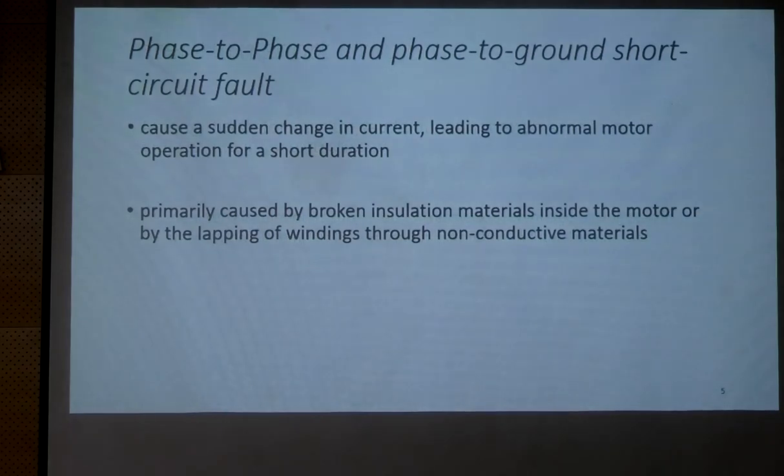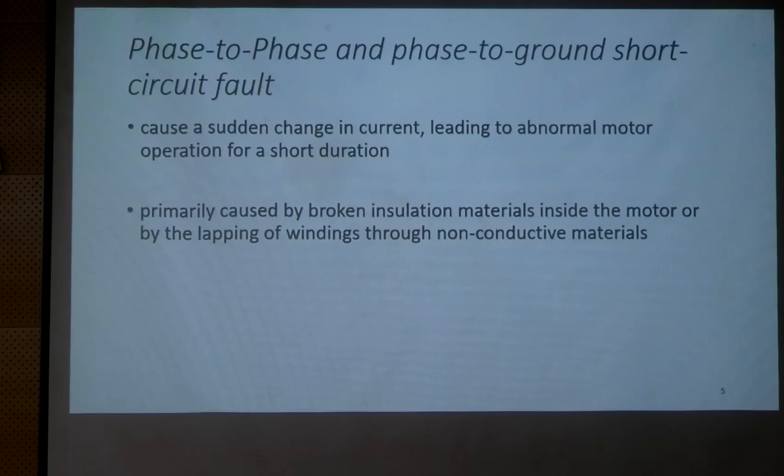So another one is phase to phase, phase to ground short circuit faults. There could be observation like a sudden change in current during some motor operation, a sudden change in current with a very short duration.